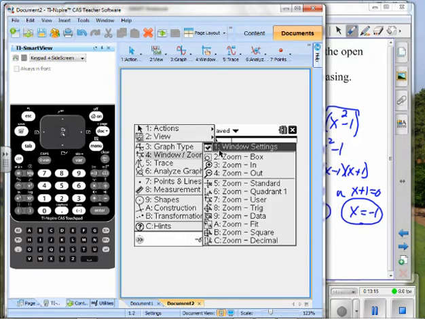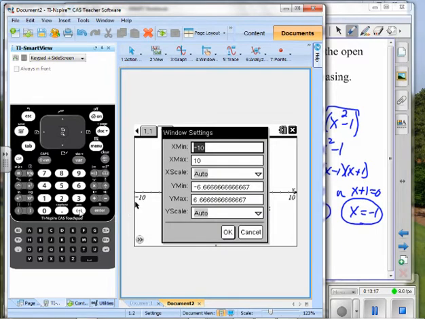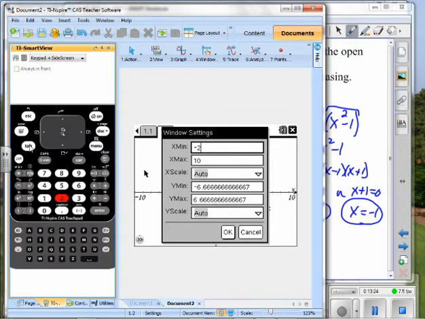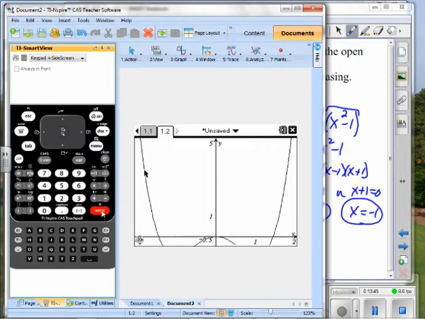Oh, we'll make it something like, how about negative 2 to 2 scale by 1, and maybe negative 0.5 to 5 scale by 1. Choose what you want, but we'll see if this works here.